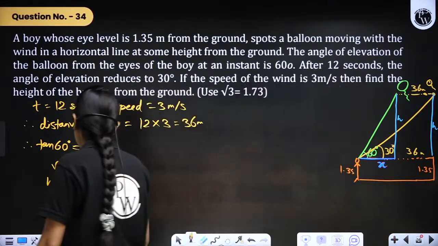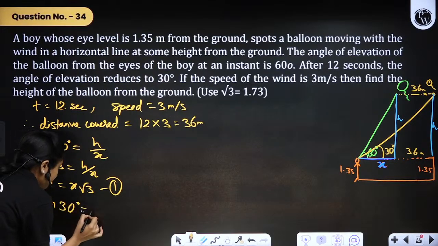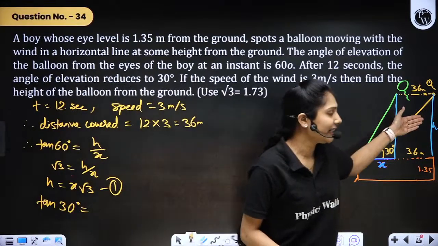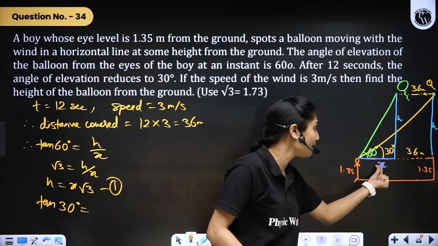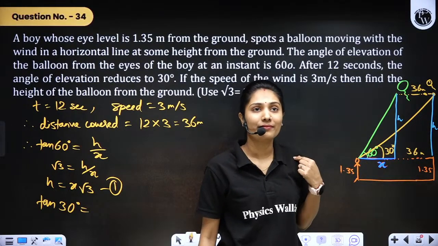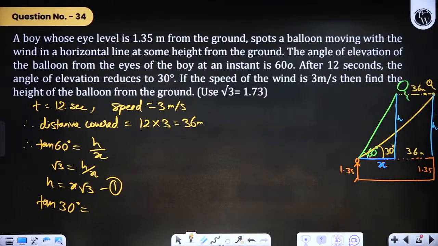Now tan 30 degree will be opposite, which is h, and adjacent, which is 36 plus x.